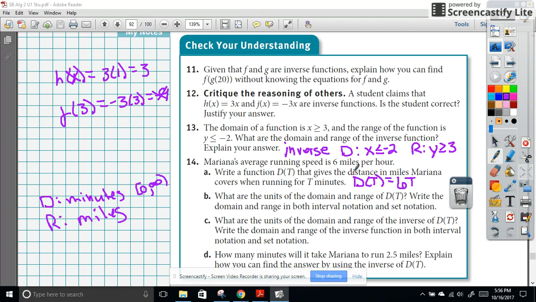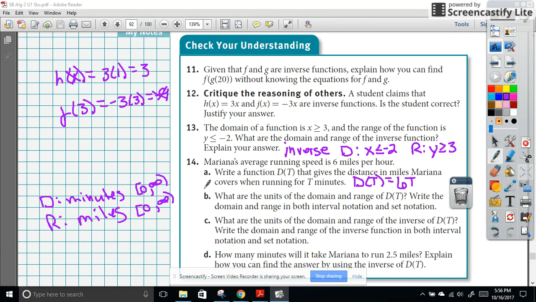It doesn't tell us that she's running a 3K. It doesn't tell us any of those things. So we don't have a boundary for her. So she starts and she could run forever. If she does run forever, then her distance is going to be anything from 0 to infinity. That's not actually reasonable, but they didn't give us any limitations. Okay.